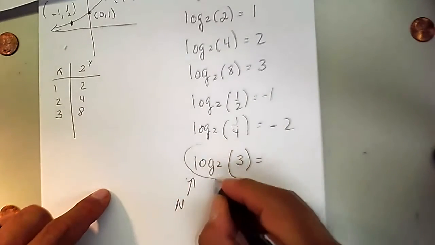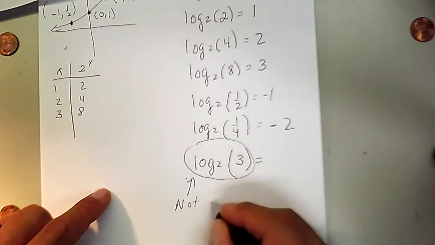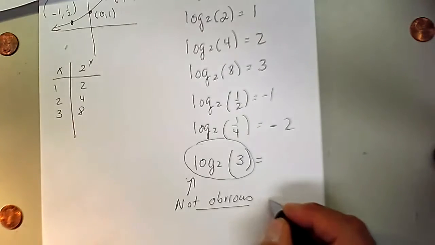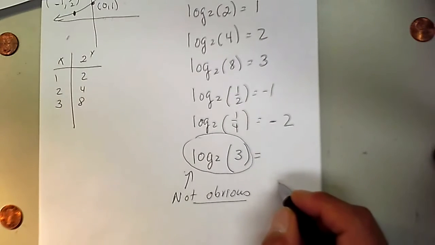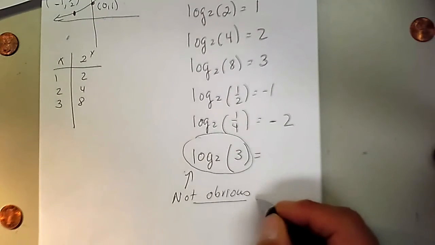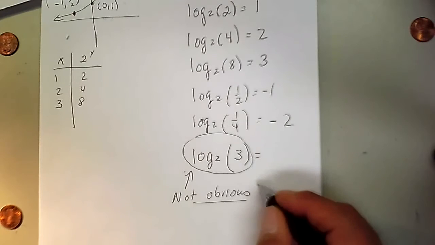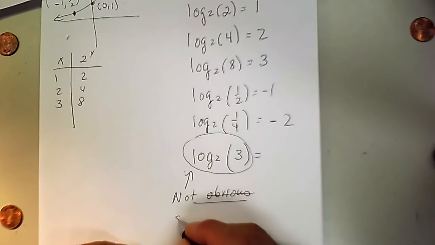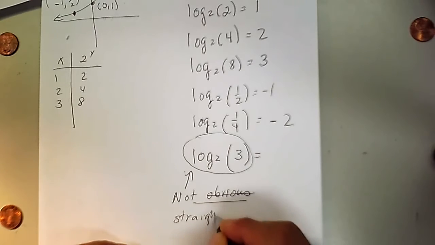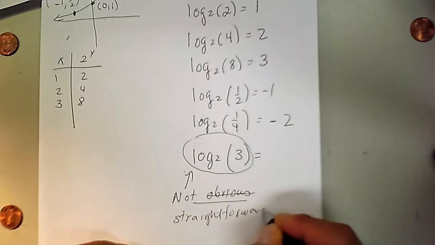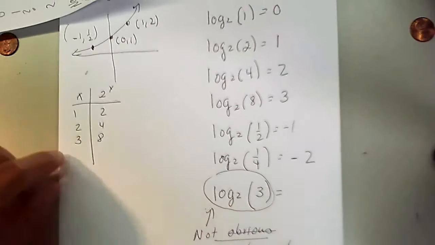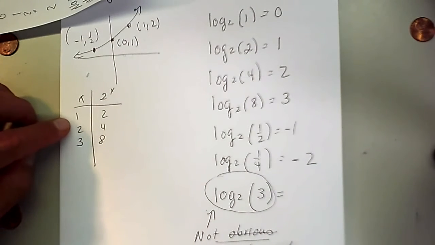This particular example is not obvious. Again, obvious is a funny adjective because what is obvious to one person is not obvious to the other, it's relative. But it's not straightforward, that's probably better than obvious. It is not straightforward in the sense that from a nice little table like this, we can figure it out. No, we don't know. We know that the answer is going to be between 1 and 2.